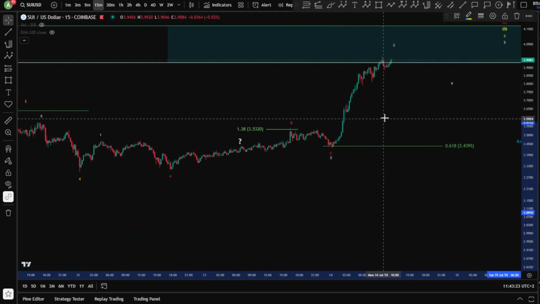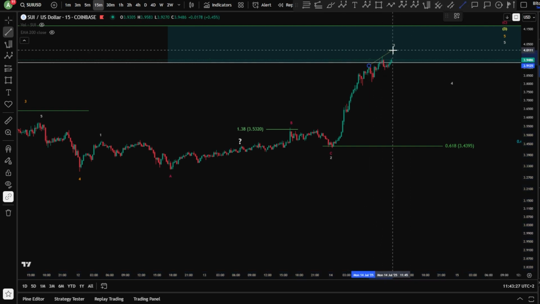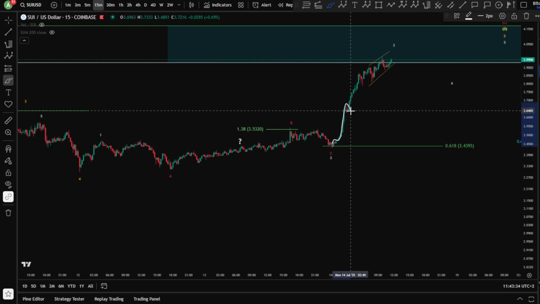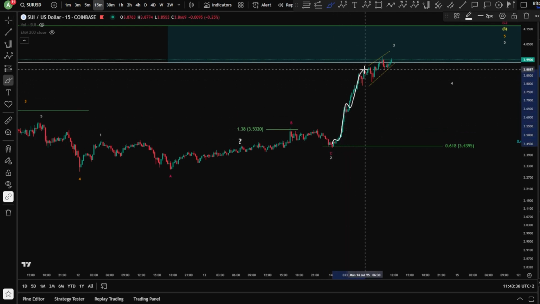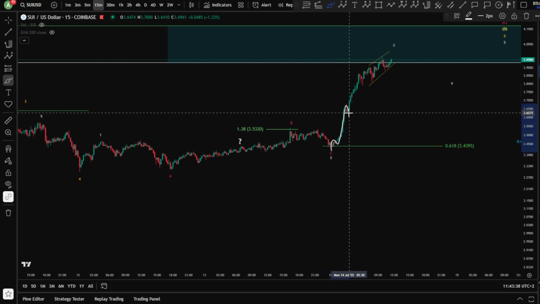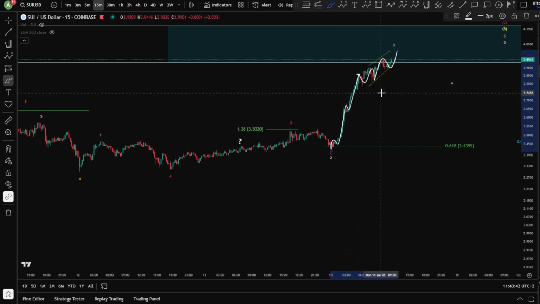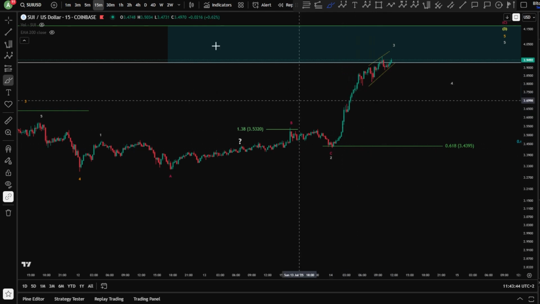Of course, currently we are finishing an ending diagonal here. We have an ending diagonal to be finished as a wave 1 2 3 4 and a 5. Well, even I would say 1 2 3 4 and a 5 finished there, so I'm not sure what is going on. Even still, why still moving higher?